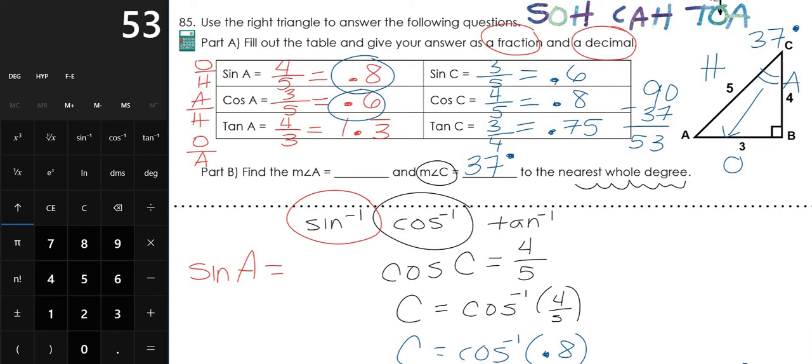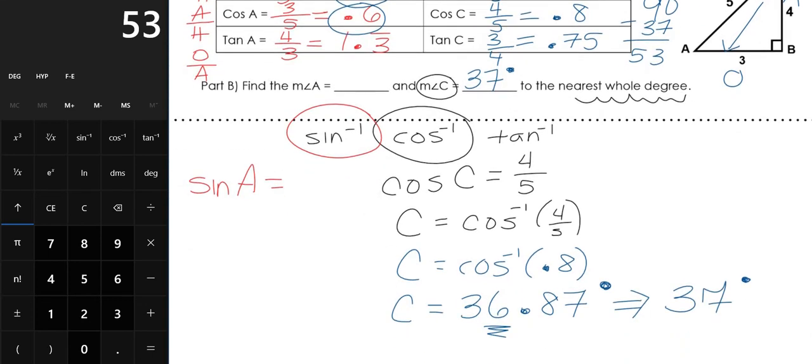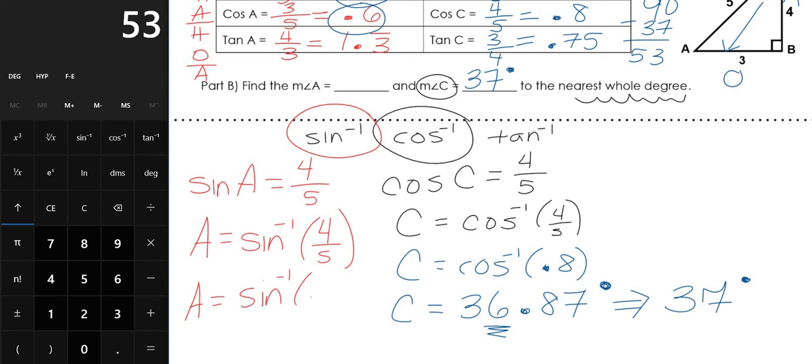Okay, so let's go ahead and put that in. Sine of A is equal to 4 over 5. A is equal to the sine to the negative 1, the inverse sine of 4 over 5. Or A is equal to the inverse sine of 0.8.